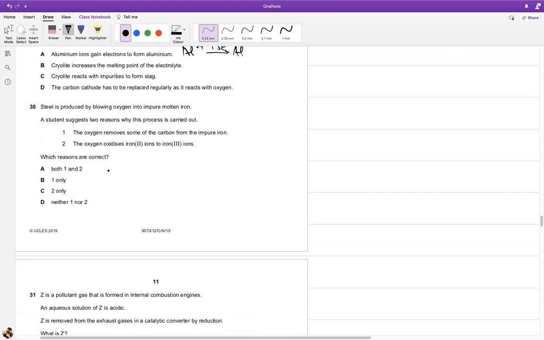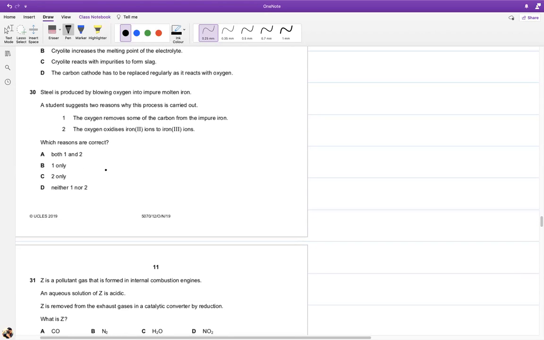All right. Steel is produced by blowing oxygen into impure molten iron. Okay. All right. So why does this happen? What do we want? We want steel, और steel कहाँ से बनेगा?